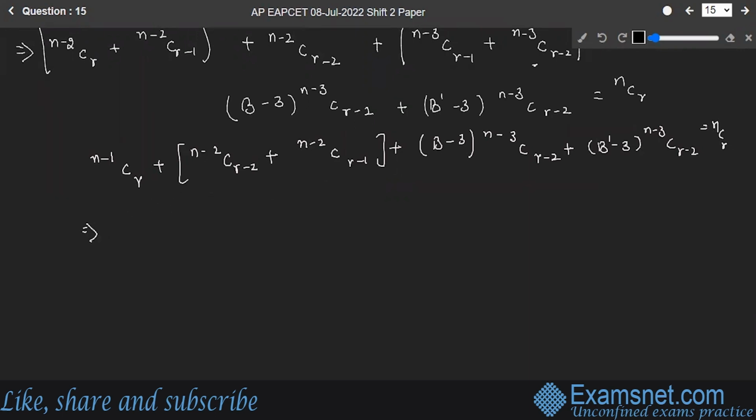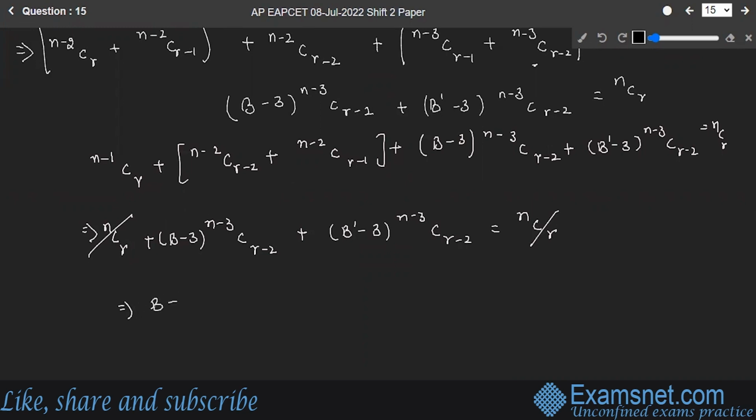So now this will be equal to nCr plus (b minus 3) n-3Cr-2 plus (b dash minus 3) n-3Cr-2 is equal to nCr. This will cancel on both the sides and you will have (b minus 3) n-3Cr-2 plus (b dash minus 3) n-3Cr-2 is equal to 0.